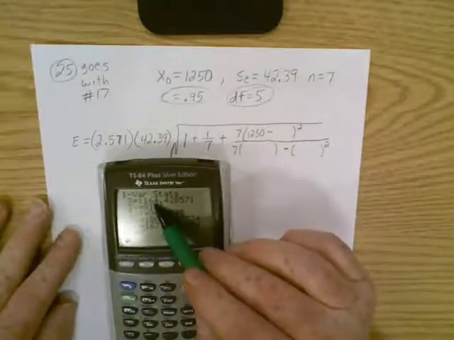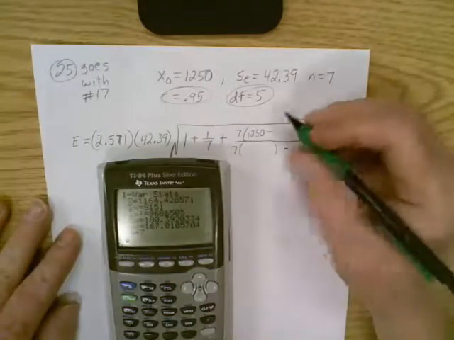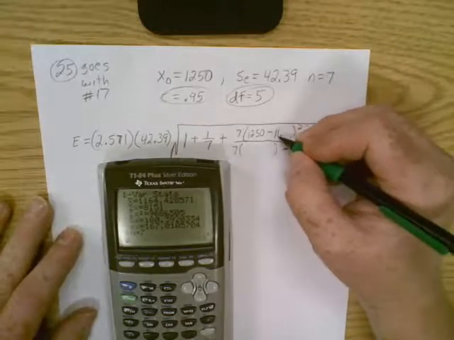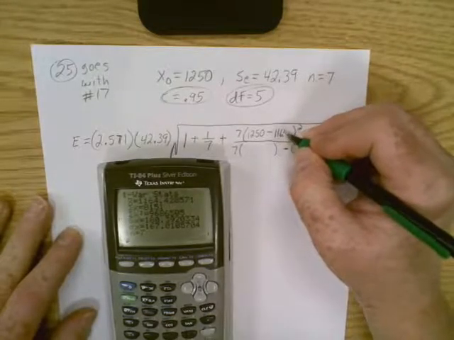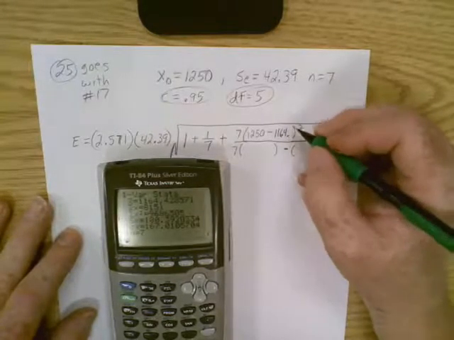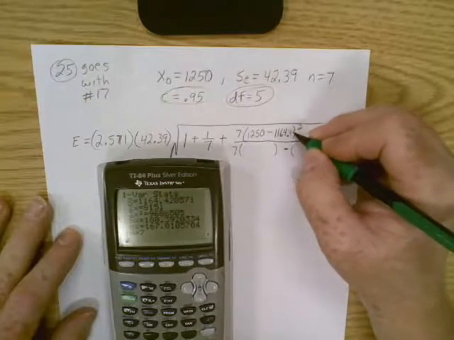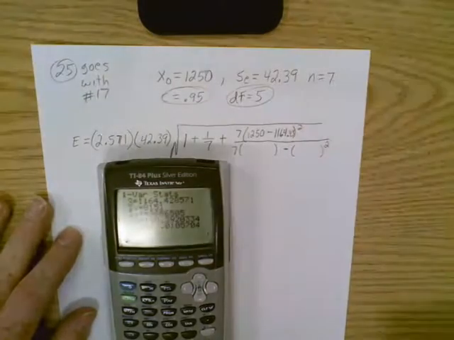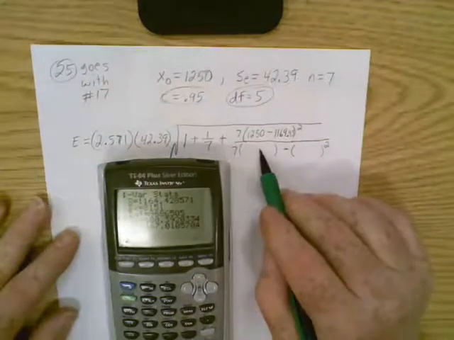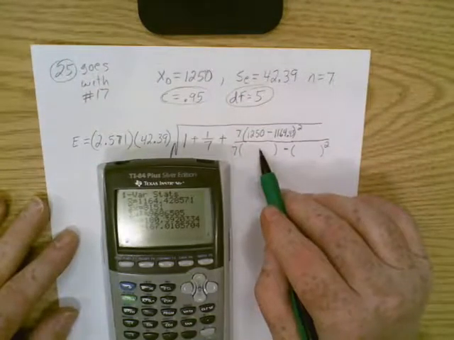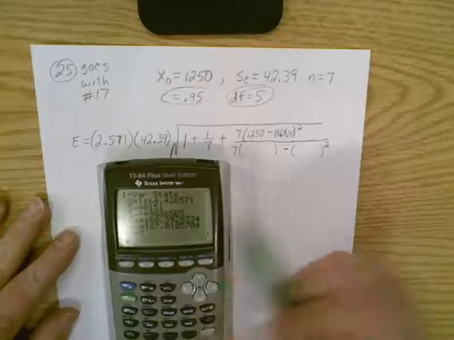X bar goes on top here. That's 1164.43. And then on bottom, this one for the equation is the sum of all the x's squared. That's this big number.